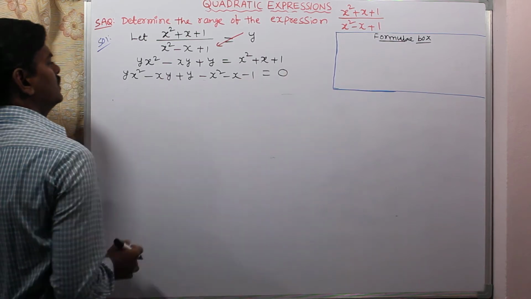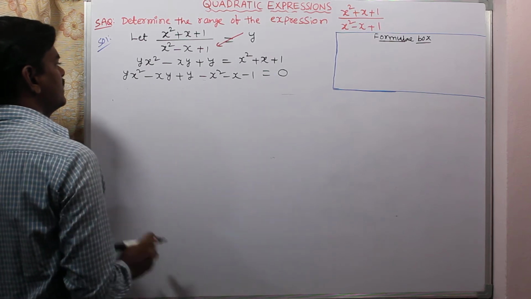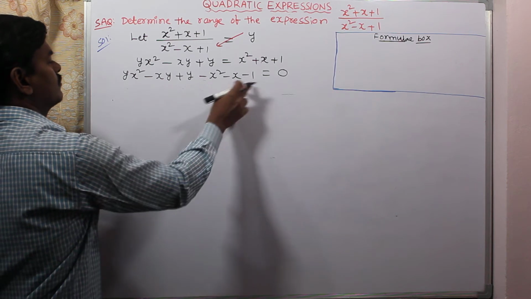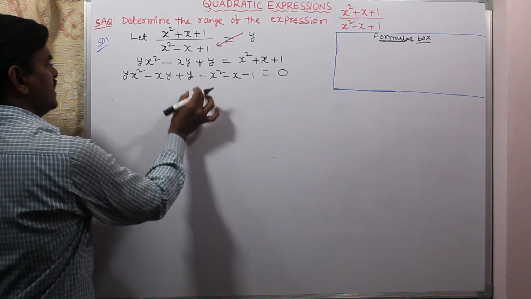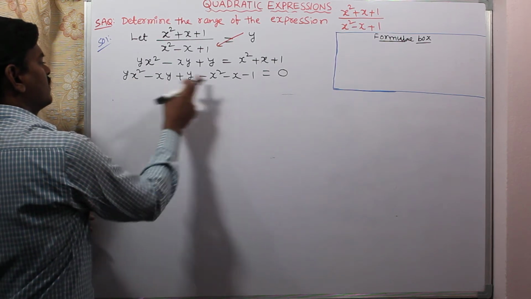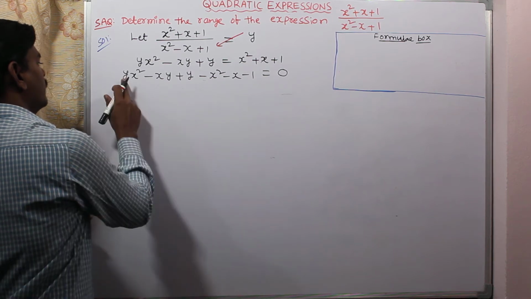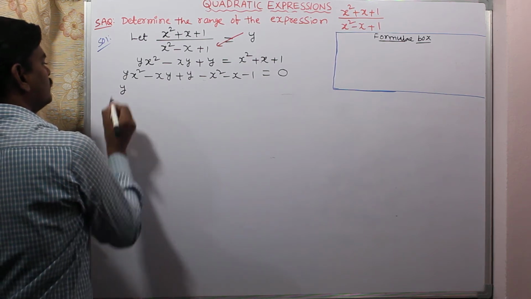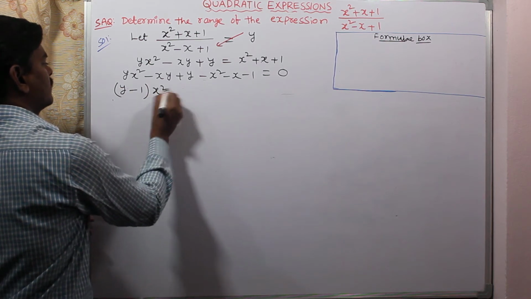Now try to convert this equation into the standard form of a quadratic equation, that is ax square plus bx plus c equals 0. That means we have to separate x square terms, x terms, and constants. We see two x square terms; taking x square common, we are left with (y minus 1) into x square.